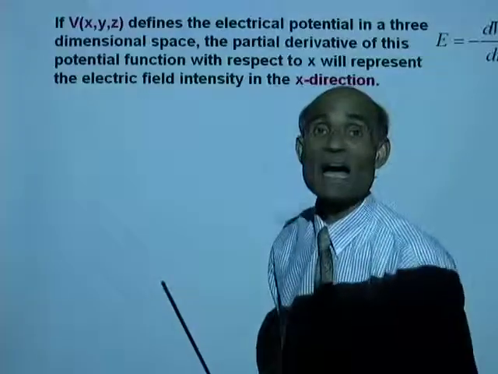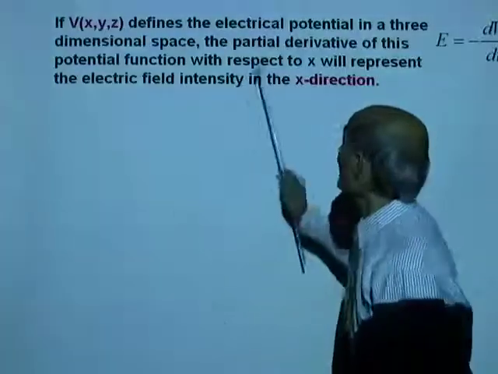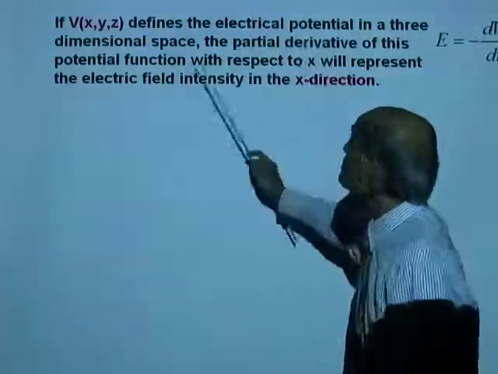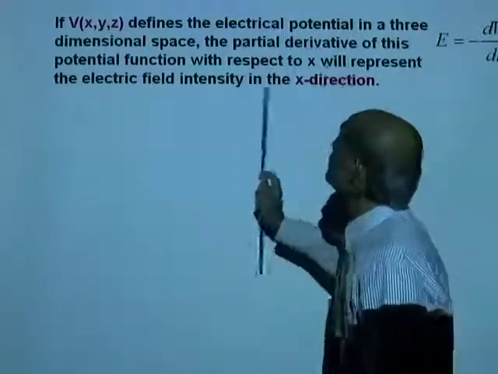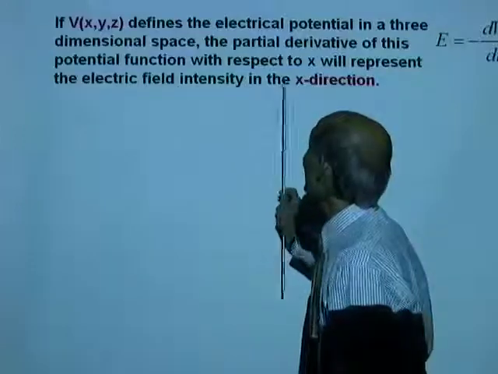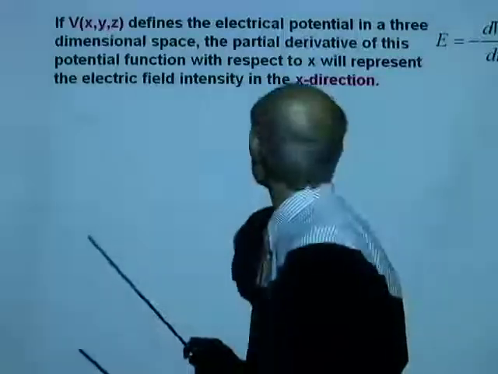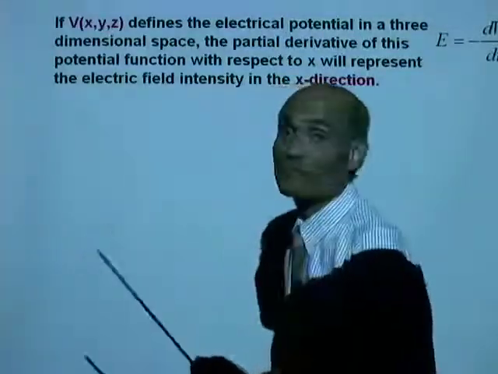x, y, and z. Then the partial derivative of this potential function with respect to x will represent the electric field intensity in the x direction.